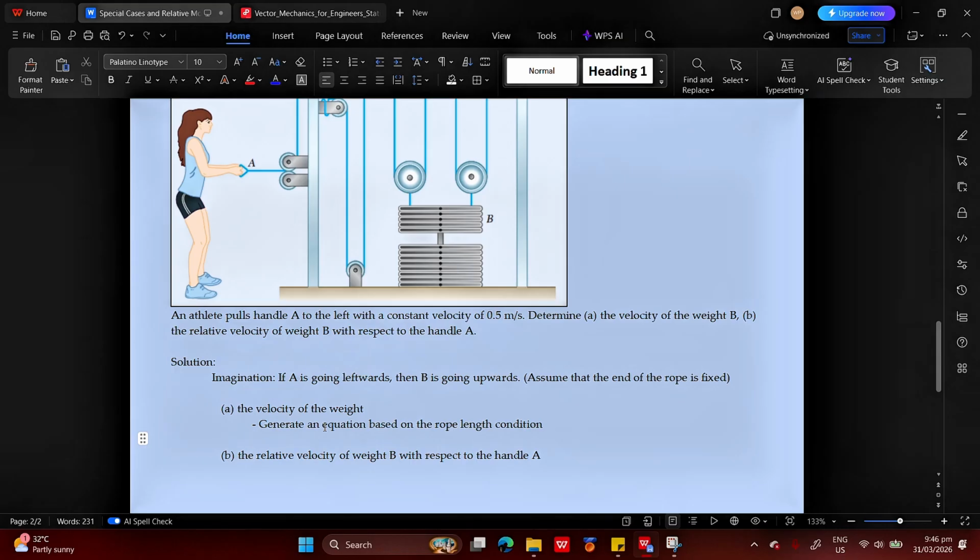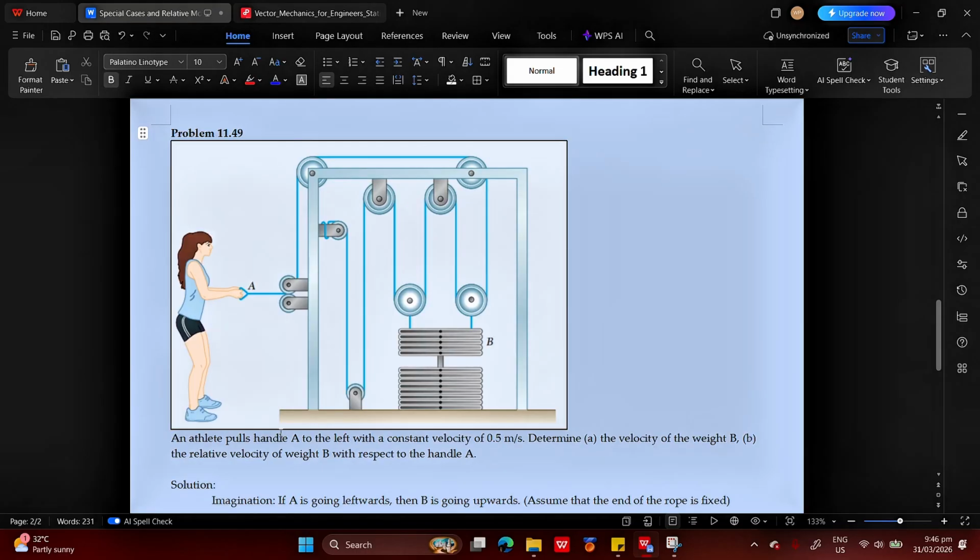You need to start from point A. If point A is going leftward, expect that the length of this inside the box, the length of this above B, is changing in length. But of course, the total length of the rope will still remain the same. It's constant.